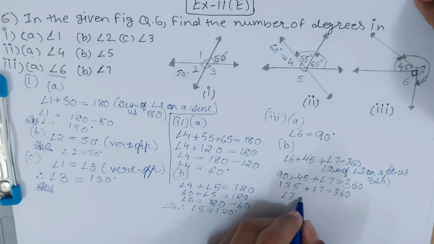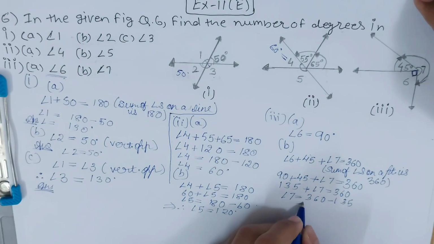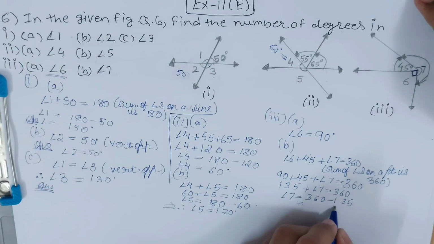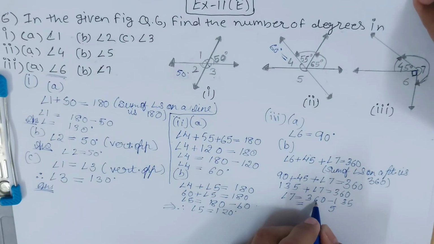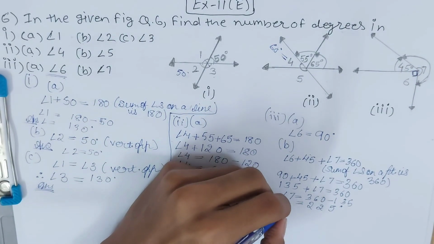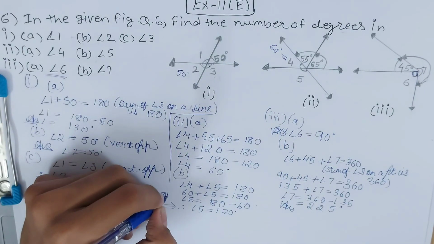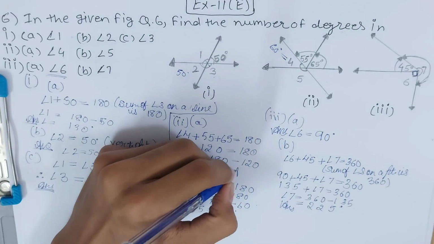So angle 7 is 360 minus 135. 10 minus 5 is 5, 5 minus 3 becomes 2, and 3 minus 1 is 2. So 225 degrees, that becomes your answer. This is your answer, and these ones here as well are your answers.